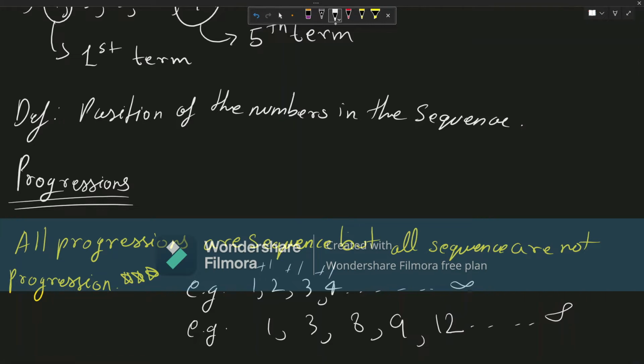This is not a progression because it does not follow a fixed order, right? The sequence should have some rule it follows, according to which you can find the next term if you want. Here you are not sure about the next term because the pattern is not fixed. So that is why this statement holds true: all progressions are sequences, but all sequences are not progressions.